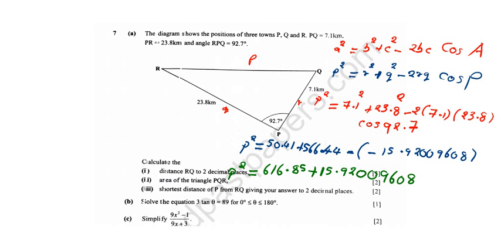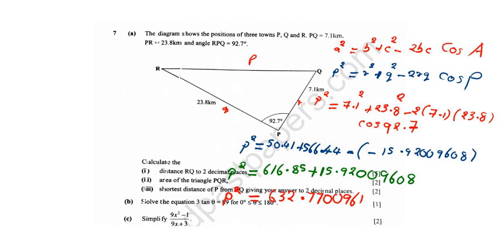So my P squared is equal to, when I add 616.85 plus 15.92009608, I'm getting 632.7700961. But this side I have P squared, and my interest is finding P.